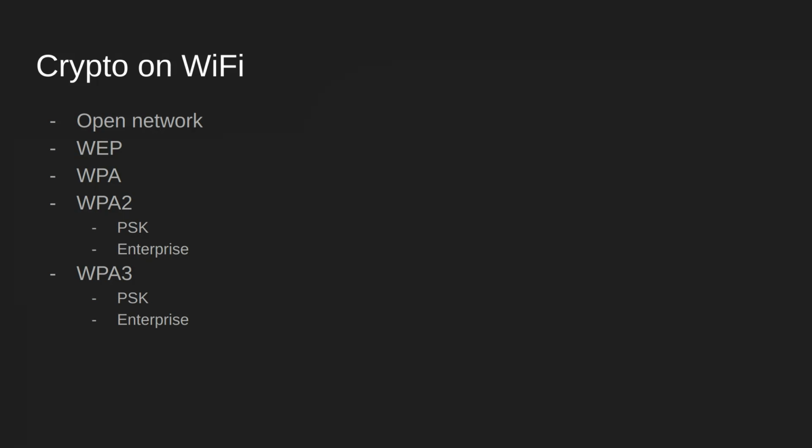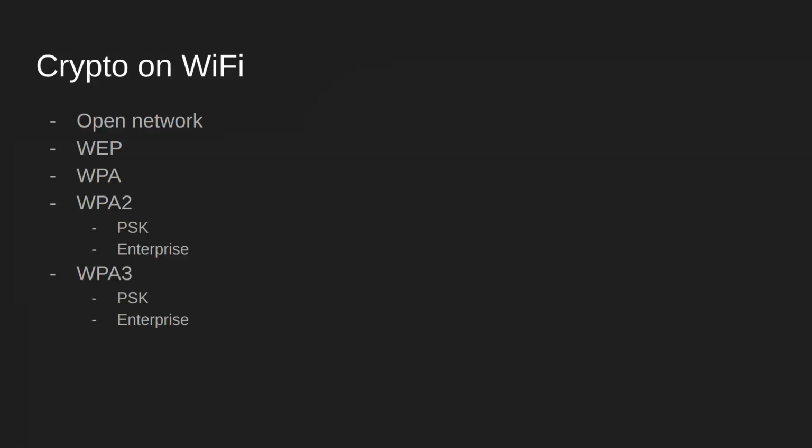WPA was used during the transition from WEP to WPA2. Nobody really uses it much anymore. It's usually WPA2 that's being used, and then probably a few years ago, WPA3 was standardized. WPA2 has several problems that WPA3 addresses. They both have a mode called PSK mode, which stands for pre-shared key. That's typically used in home networks where you just enter a password. And then they also have an enterprise mode, which allows people to have more complicated authentication systems.